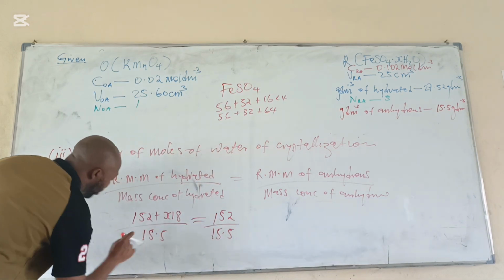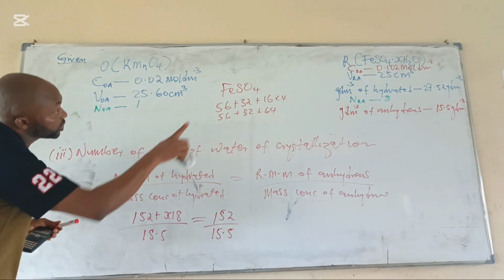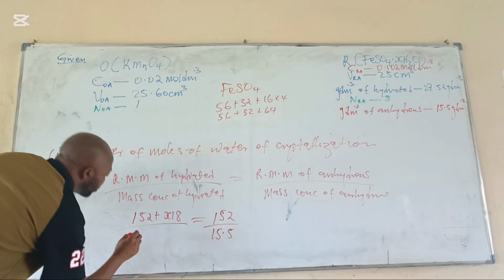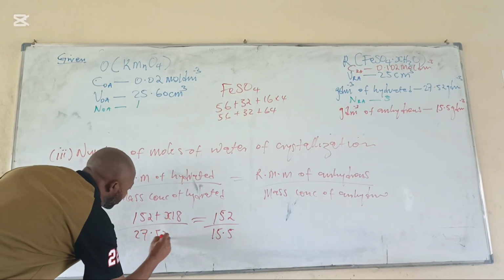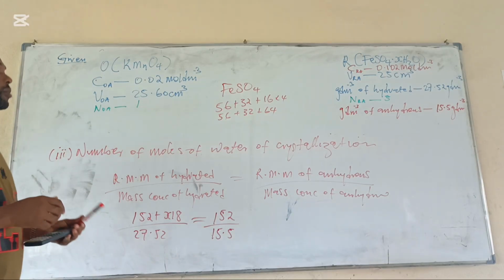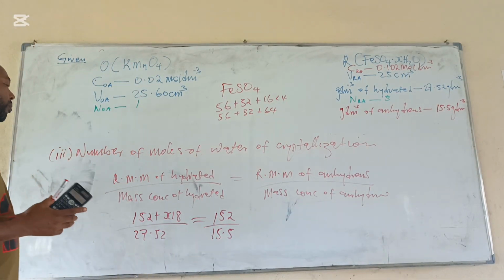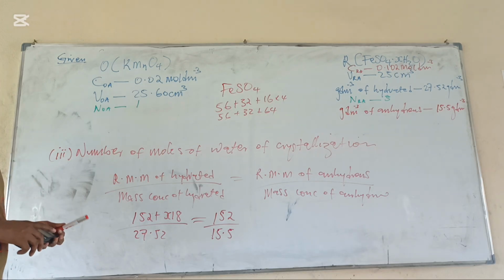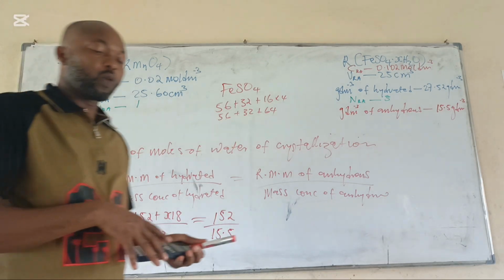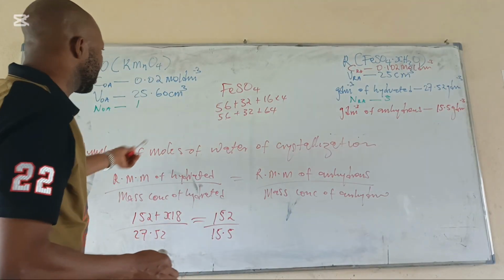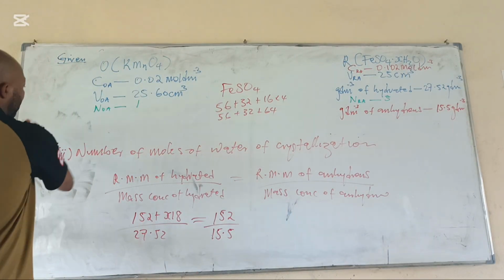Hydrated was given to be 27.52. Okay. From here, we're going to make x the subject of formula. Whatever we get becomes the number of moles of water in the sample. So now let me clean some of these things so I can get there.